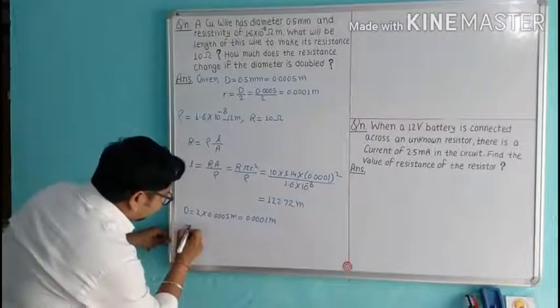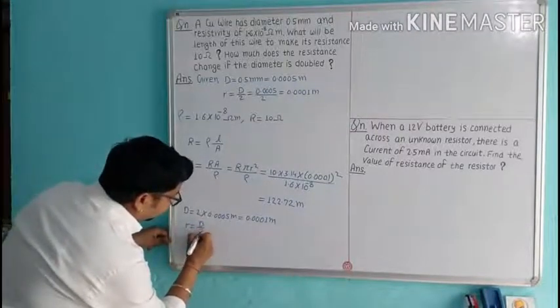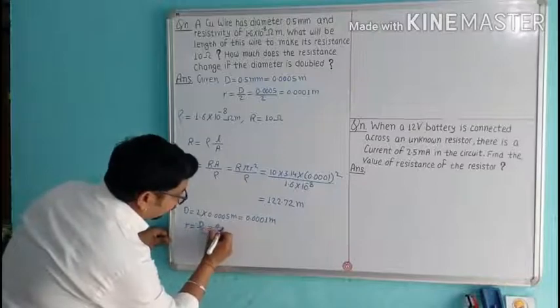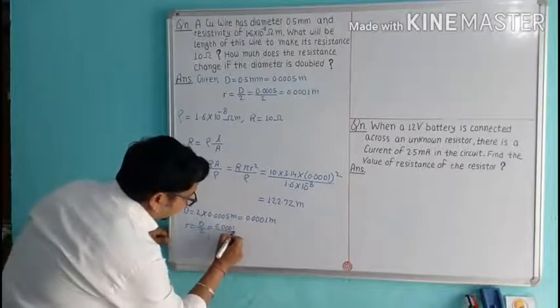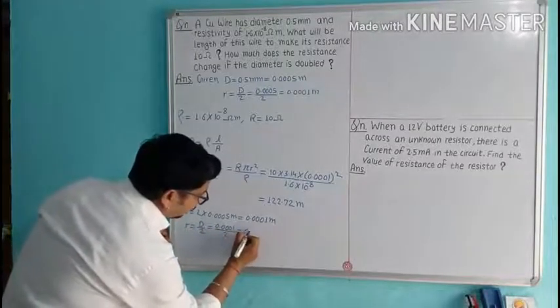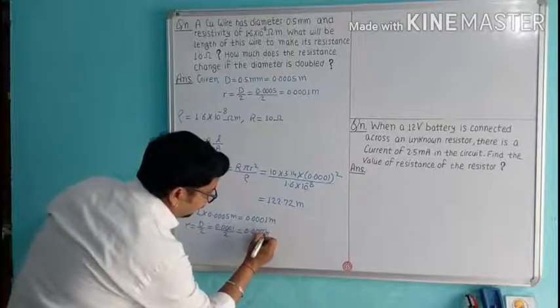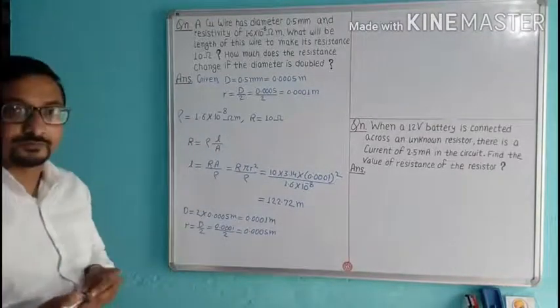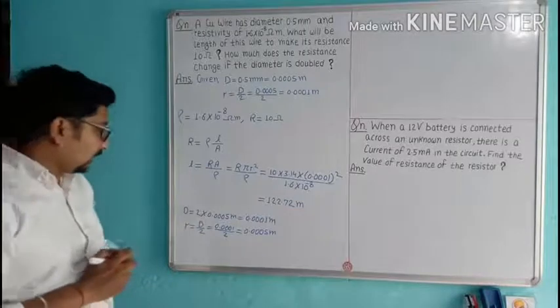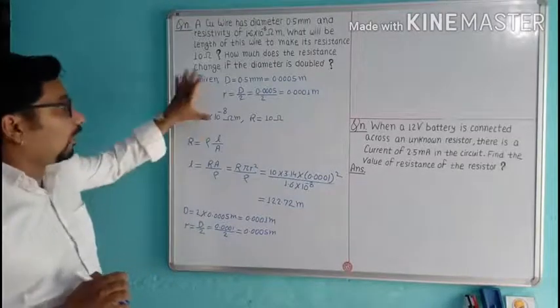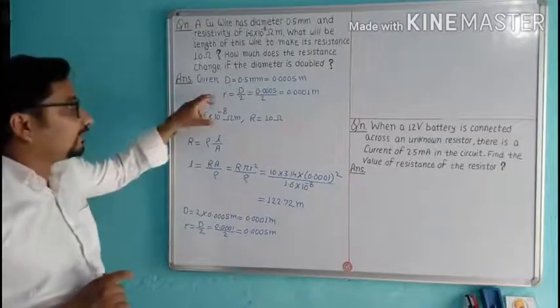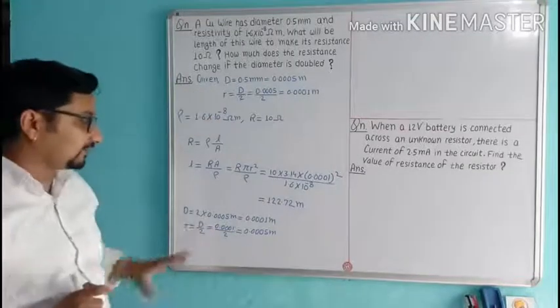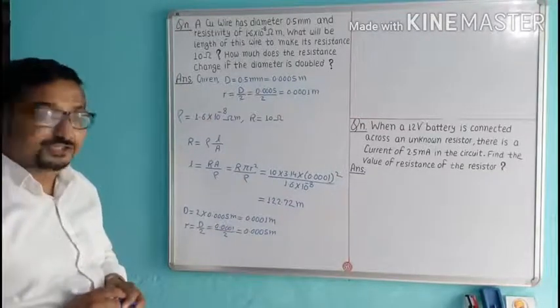Then its radius becomes half of the diameter, that is 0.0001 divided by 2, that is 0.0005 meter. Okay, so other conditions remain same, other values remain same, and radius becomes 0.0005 meter.